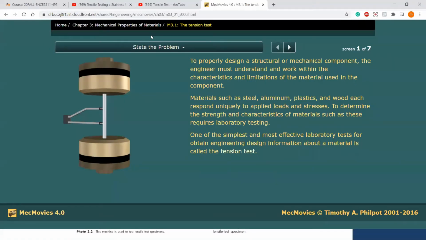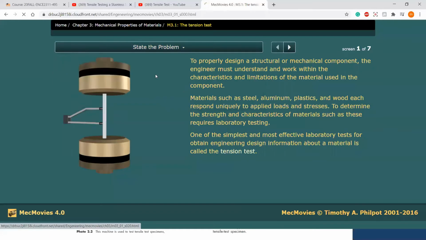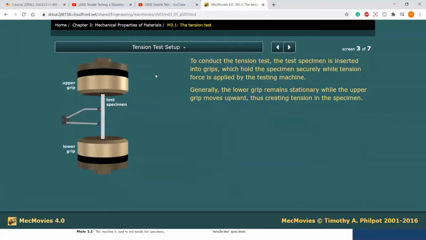So we already know the problem statements. And then we're going to go to the tension test setup. So in this picture, you see the upper grip and lower grip. And this upper and lower grip is here.